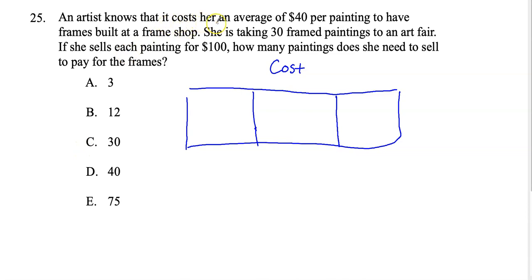So it says it costs her on average $40 per painting to have the frames built. So let's put the price here. So the price to make a frame is how much? Cost for frame. Maybe I should title that cost for frames.